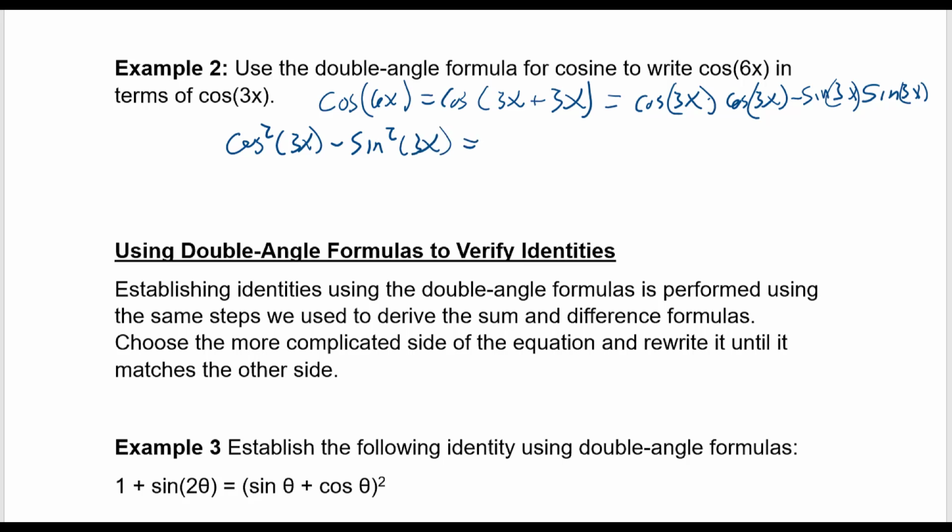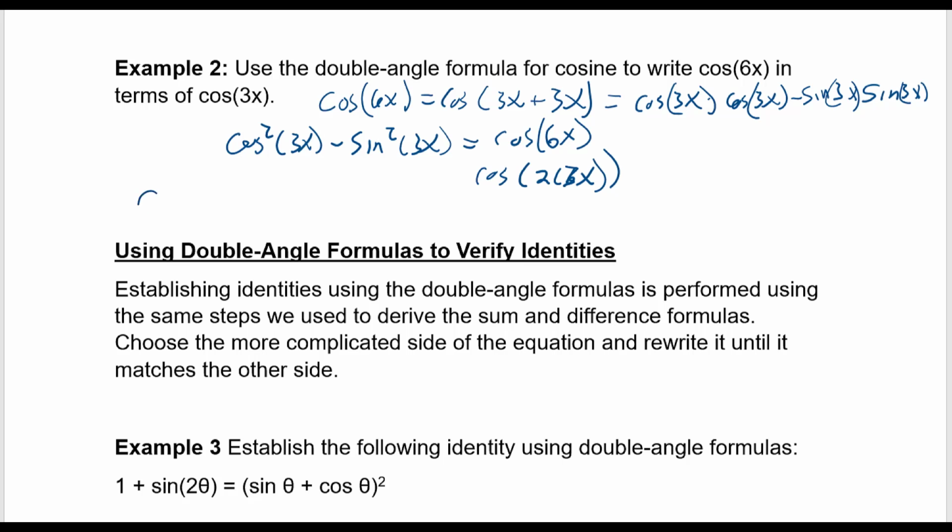And this would fit the definition for our cosine of 6x if we consider this as cosine of 2 times 3x. That's a double angle formula.